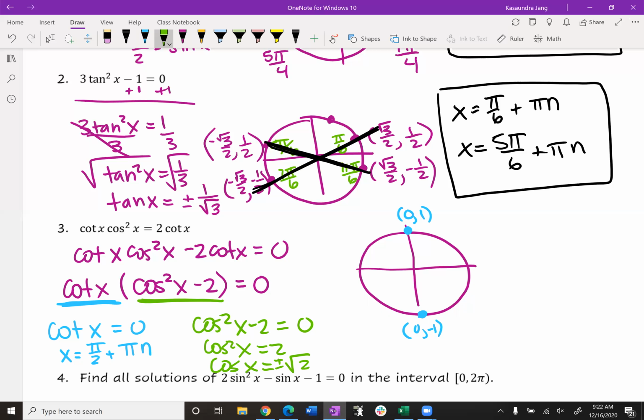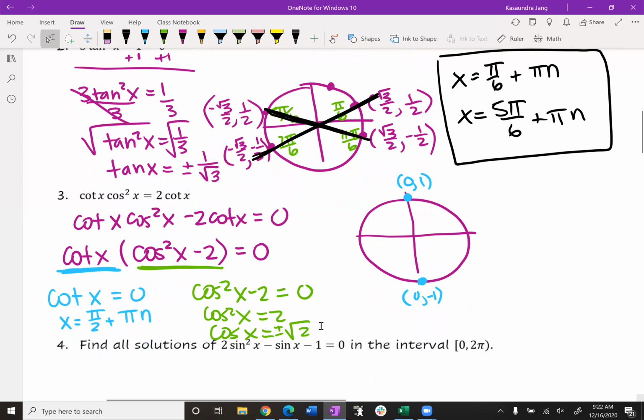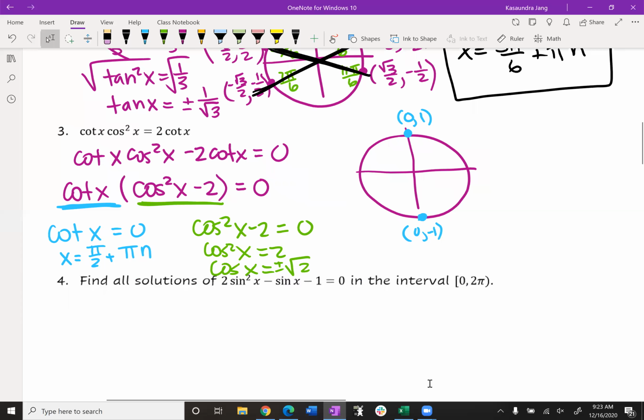What messy decimal do you guys get? 1.41. It is more than 1.